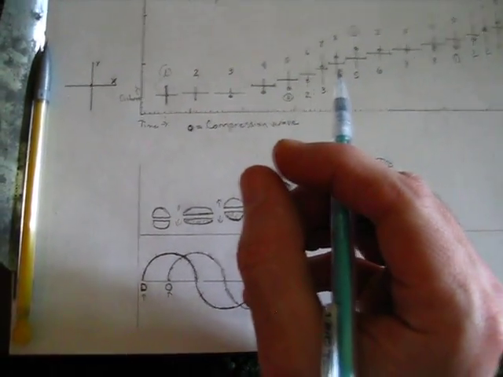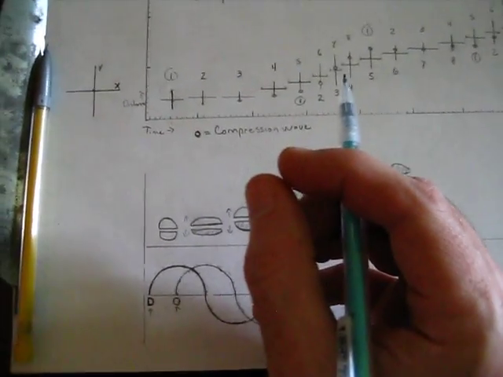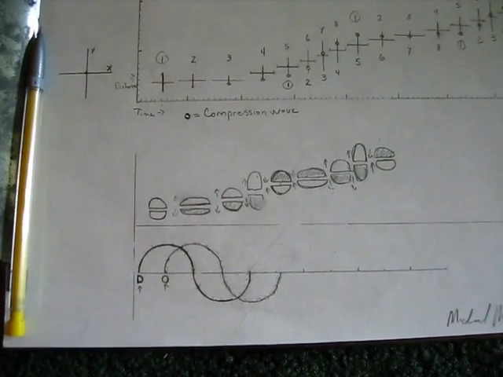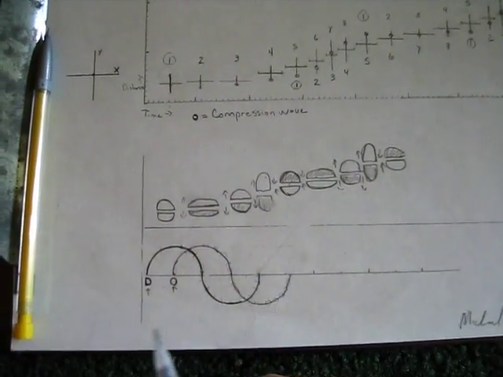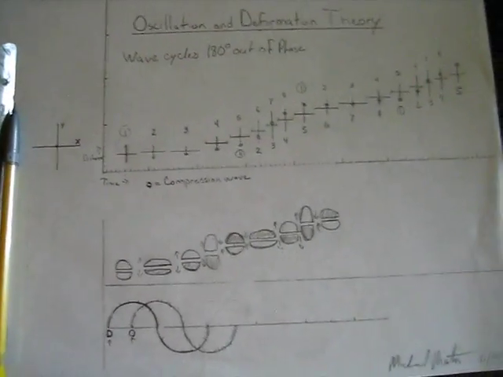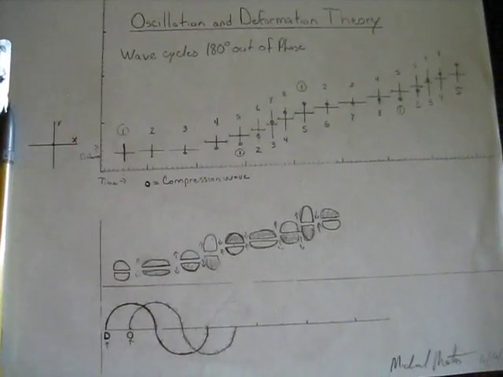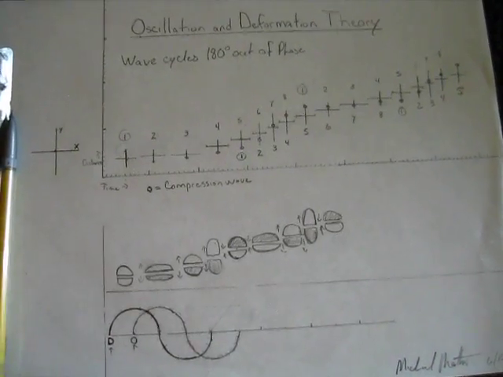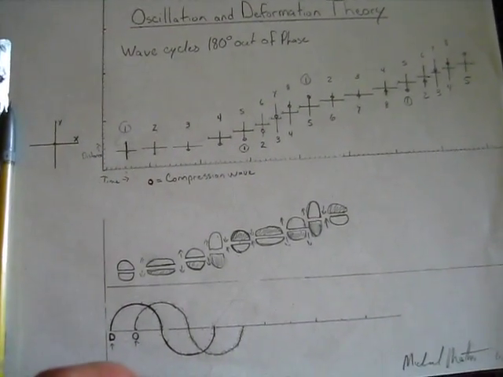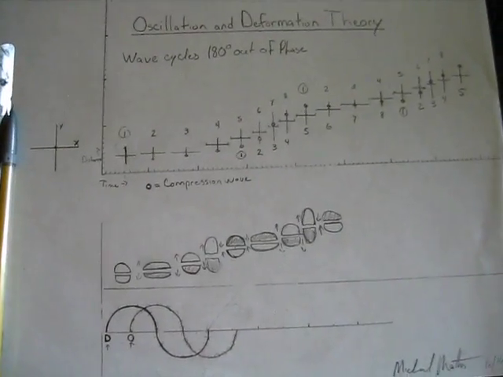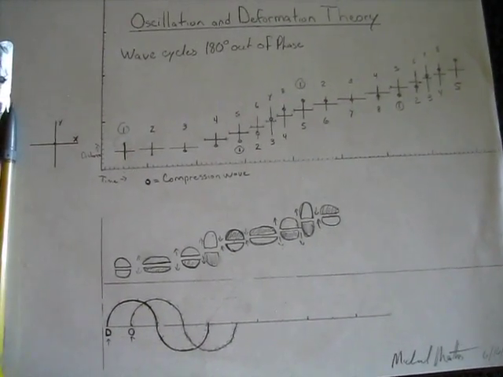And the amount of compression is relative to the amount of speed that the object has, and the amount of deformation as well. I also like to mention that one reason I believe that this has not been observed is because if you were traveling the same speed as this object trying to observe this phenomenon, you would have the same waves moving through you.